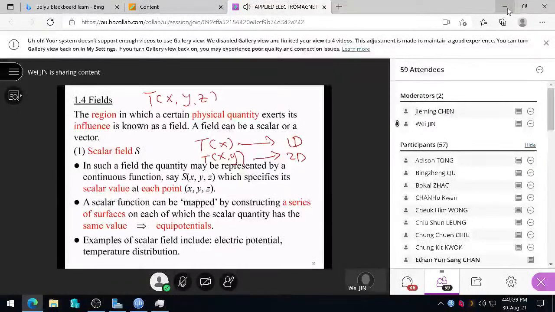So the equipotential surface is a surface on which every point has the same potential, same as the altitude line. But this is only for scalar fields. For vector fields, you cannot use this, because there's a direction. You have to reflect the direction of the vector.